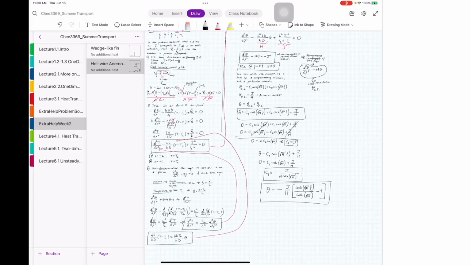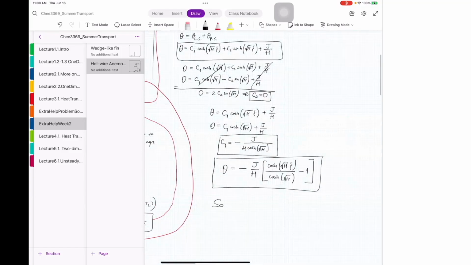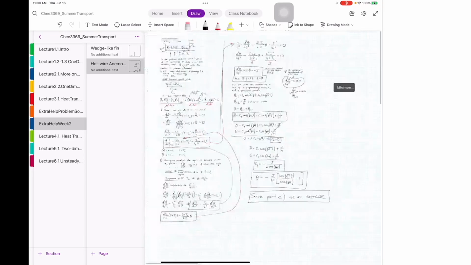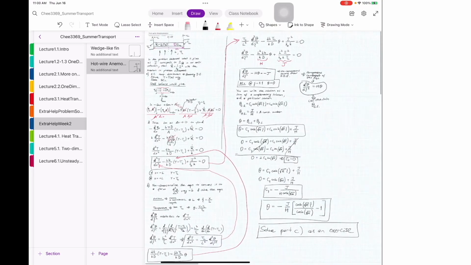So solve part C as an exercise. Okay, and let me know if you have any problem. So you will be finding I, the value of I, from the given data.